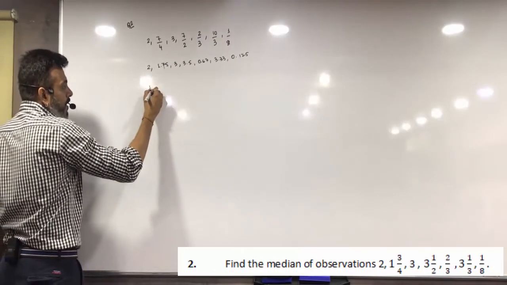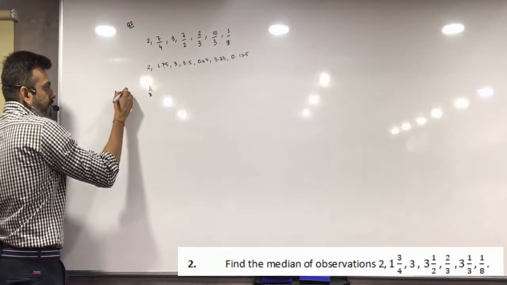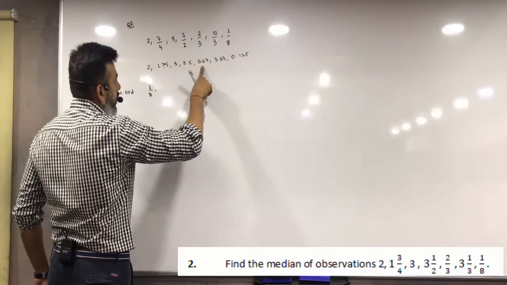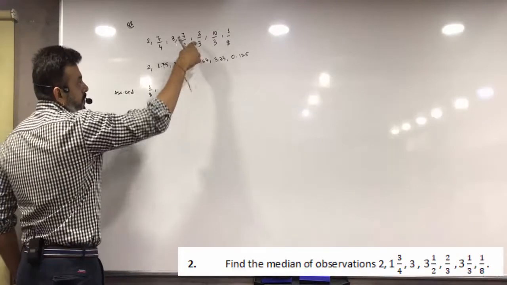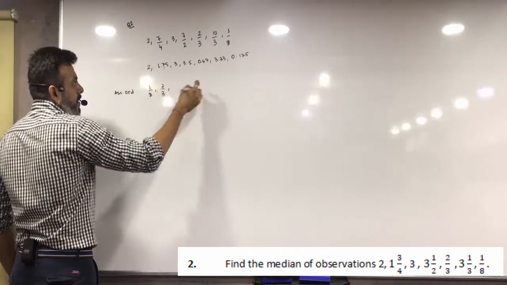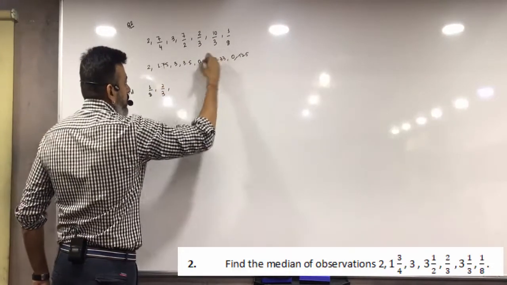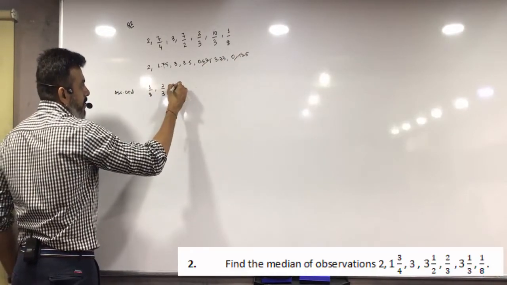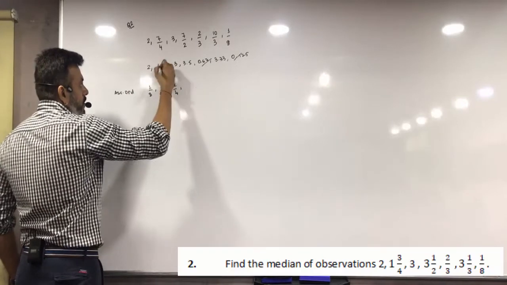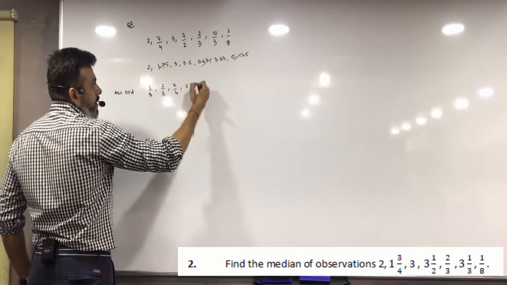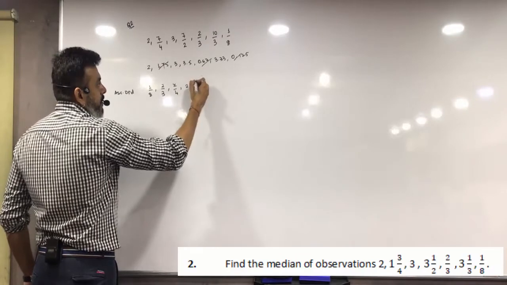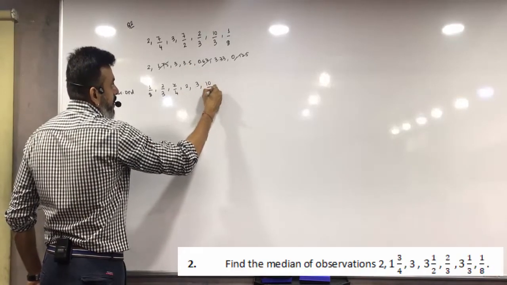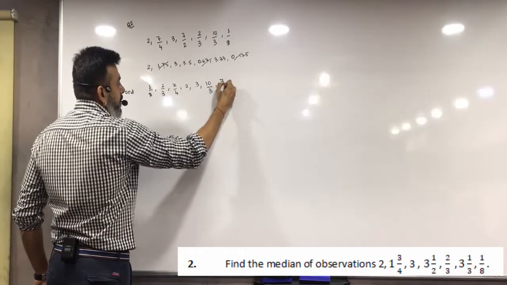So first we write 1 by 8, in ascending order. Then next is 0.67, which is 2 by 3. Then next is 1.75, so that is 7 by 4. Then 2. Then 3. Then 3.33, so 10 by 3, and 7 by 2.